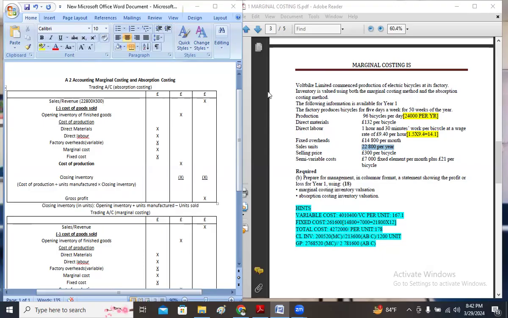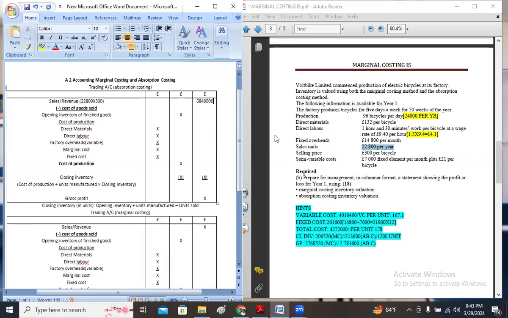How much does it come to? 684 million. So I hope it's clear.